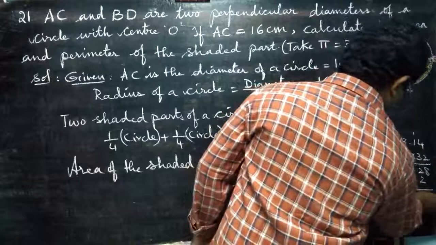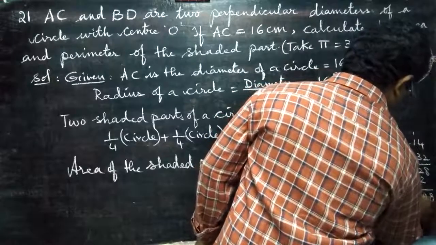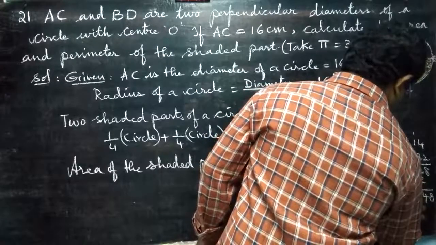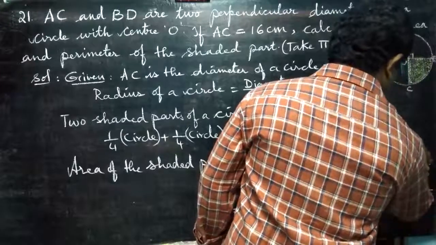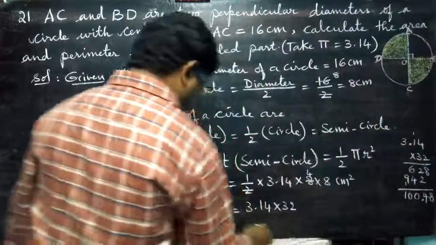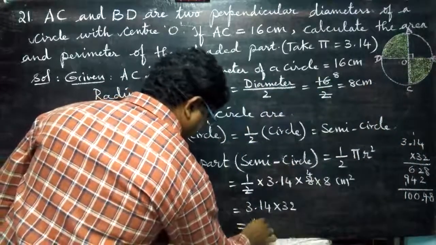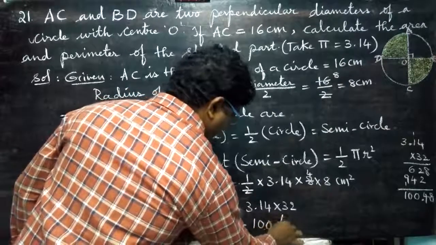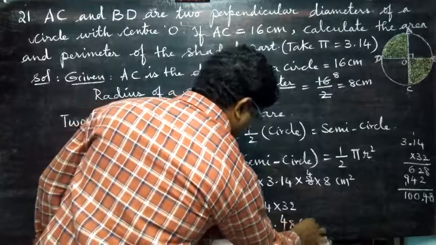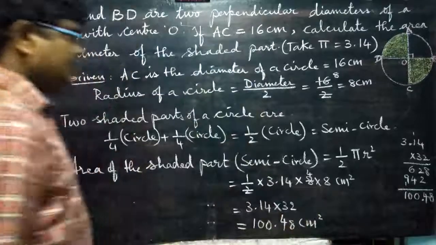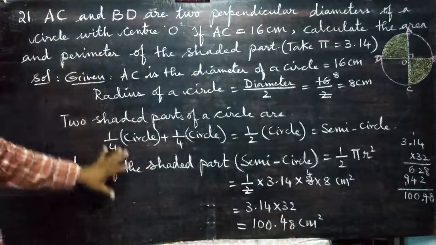Add 8, 4, 10, again 10. After 2 digits, how much you got? 100.48 centimeters square. Now we got the area of the shaded part.